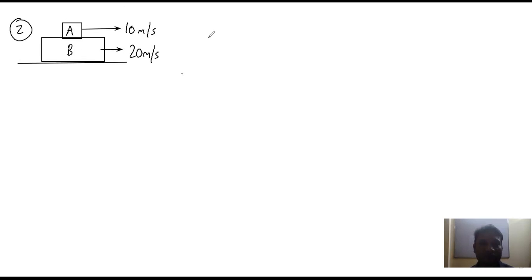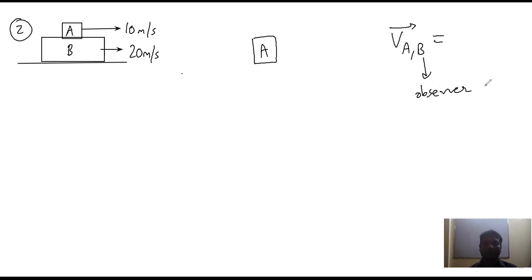So obviously we'll use the same concept. Direction of kinetic friction on A is opposite to relative velocity of A with respect to B. If I talk about velocity of A with respect to B, B is the observer.